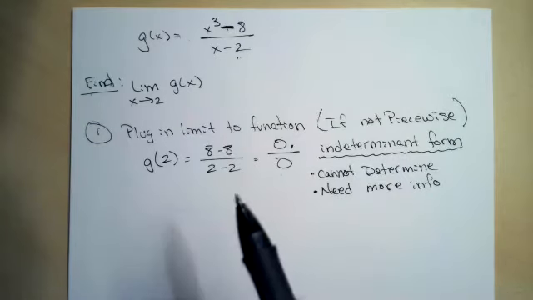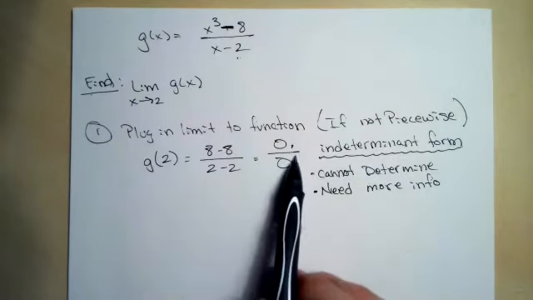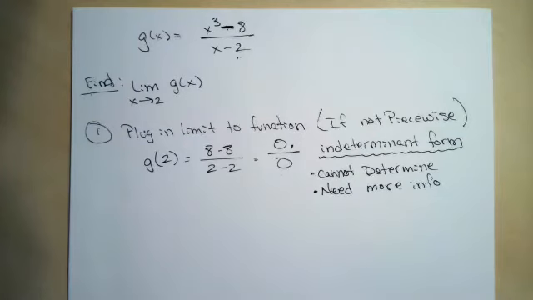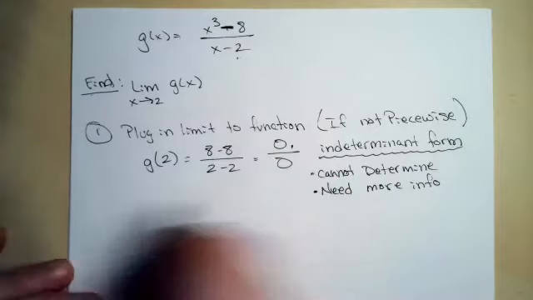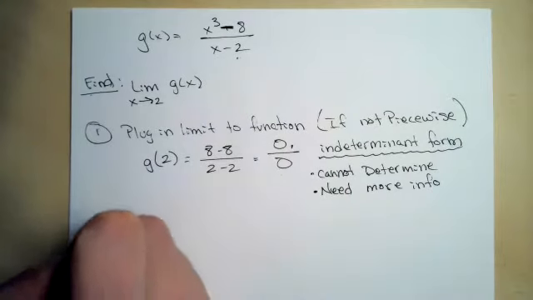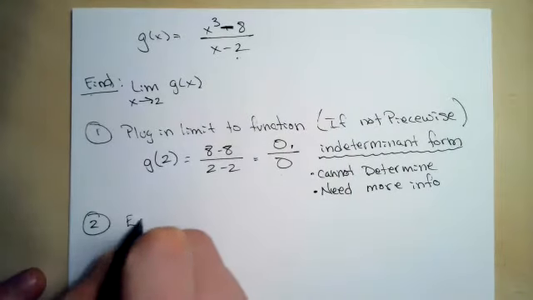We have these clashing concepts of math going on, and we have to do some extra work to figure out really what's going on. We've got to do some more rigorous analysis. In calculus, you'll learn how to do the analysis with algebra. For this class, we are just going to estimate it with a table.